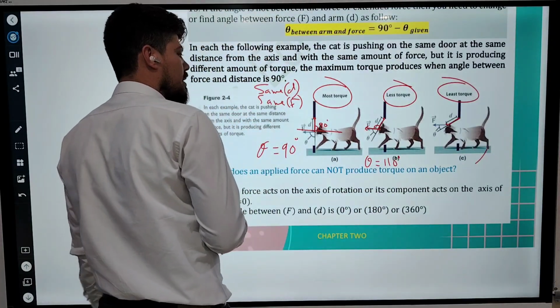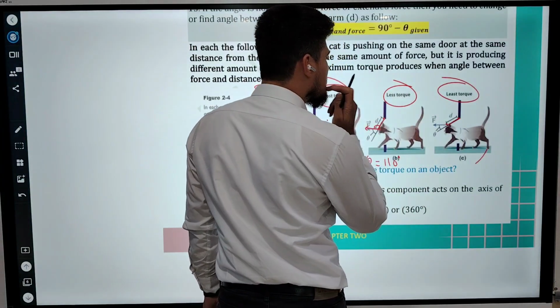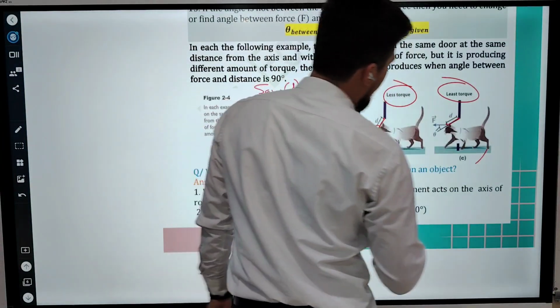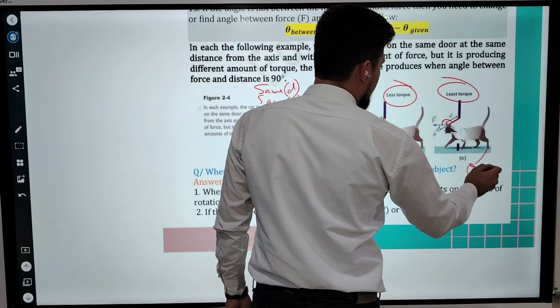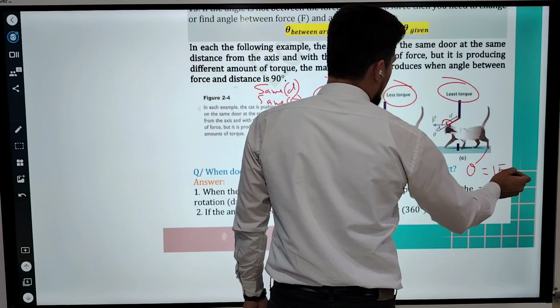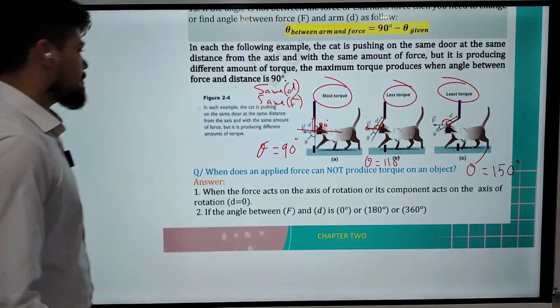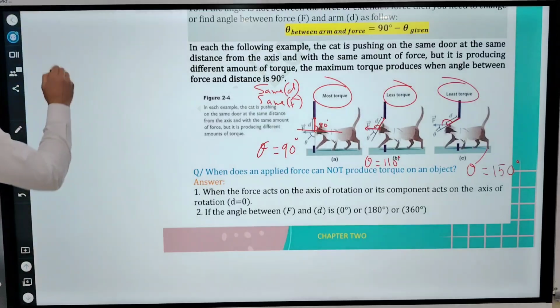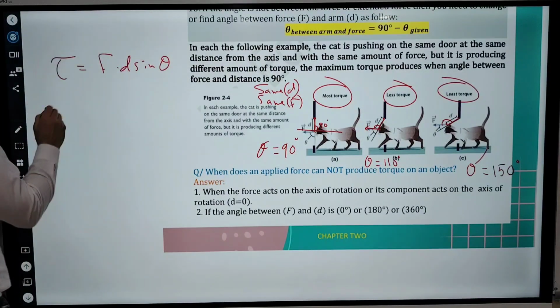This is less torque. This angle is approximately near 180, but it is not 180, okay? Let's say in the case of figure C, the angle is 150, for example, okay? So, in that case, be careful, F D sine theta.